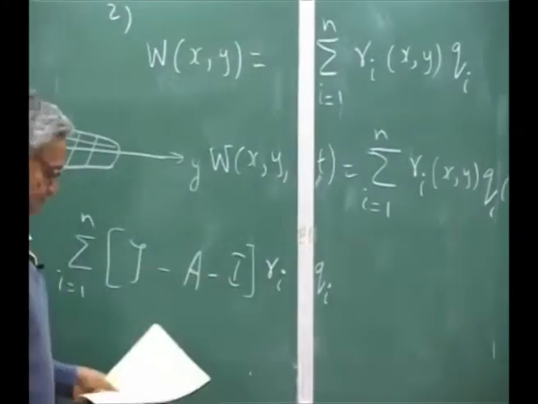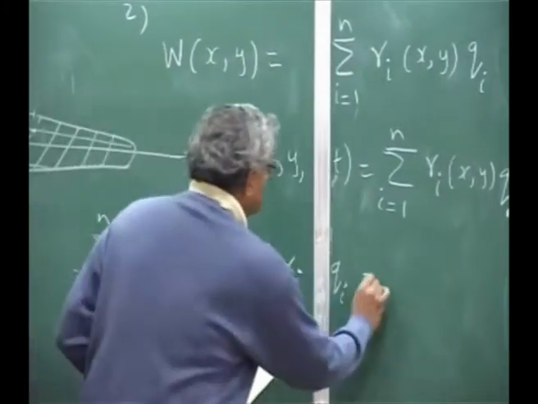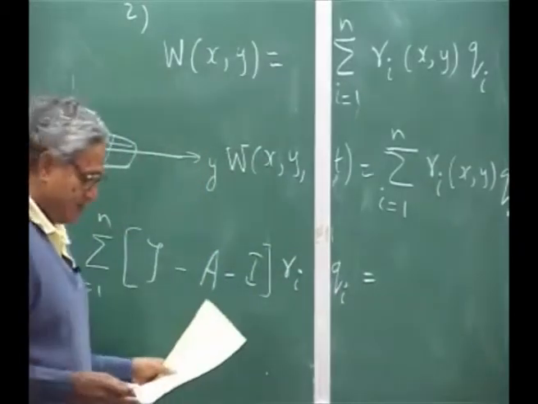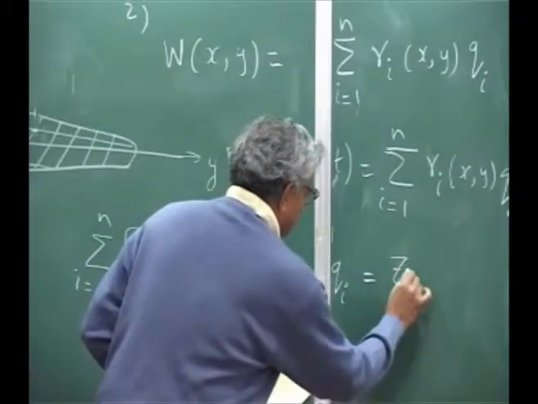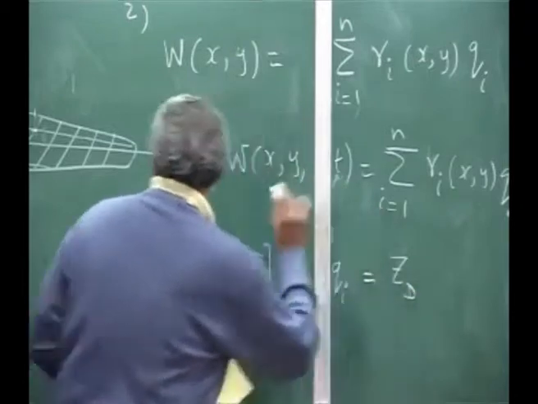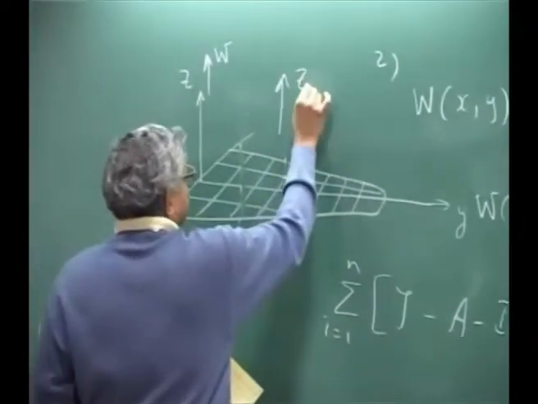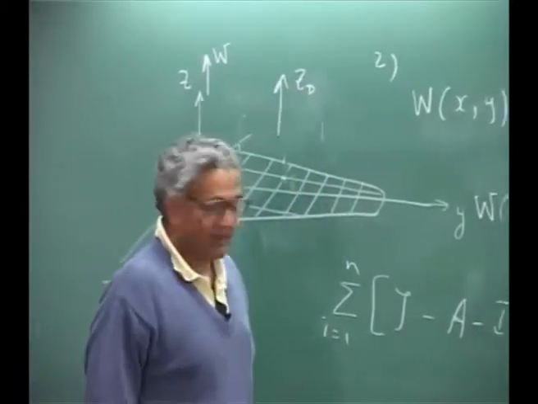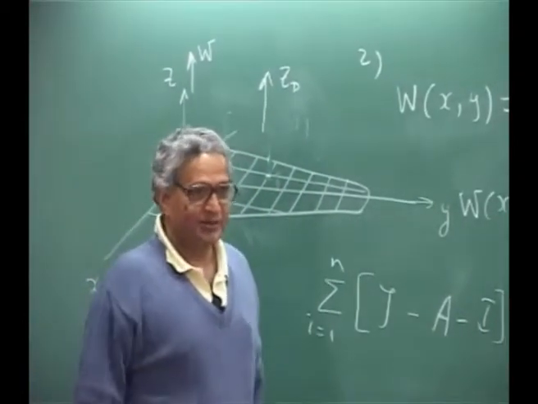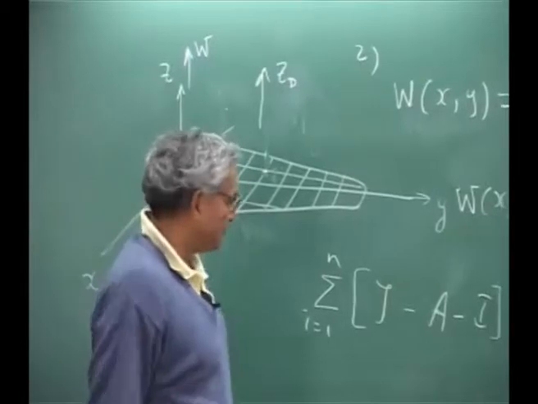Summation is there. This is equal to the external load. Your external load, you may call it Z D, any dynamic load or control surface load, whatever you may call it.